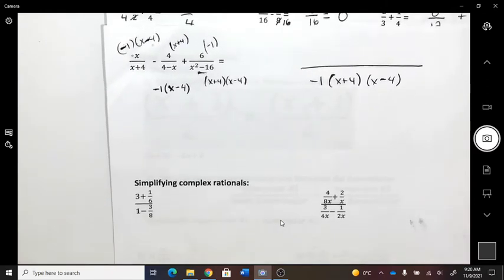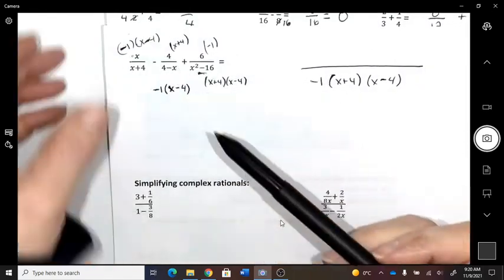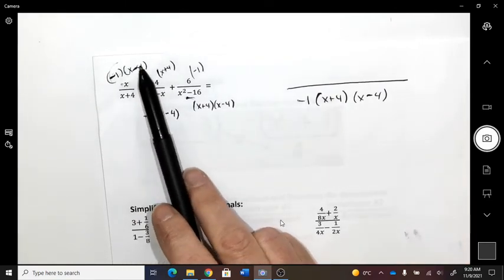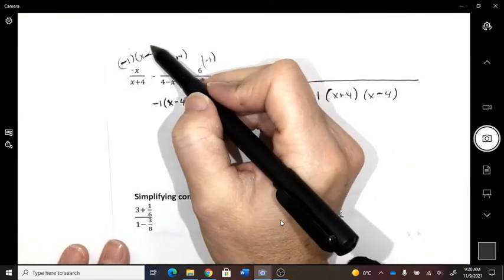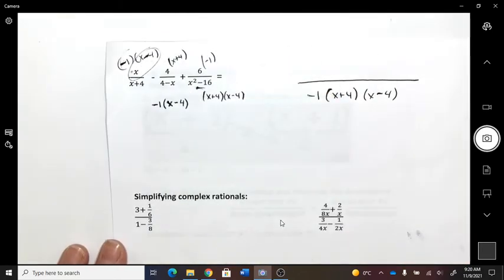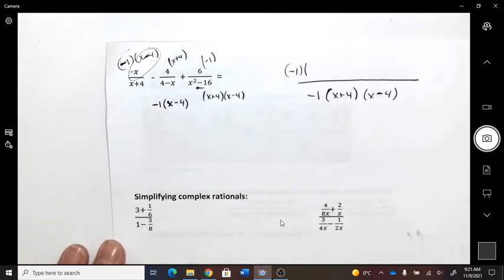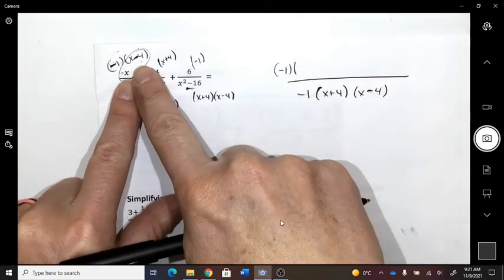Okay, when I get a situation here that I have 3 things getting multiplied, do you see it? I have 1, 2, 3 things getting multiplied. It doesn't matter the order, you just need to multiply 2 of them first and then by the third. So I'm going to multiply these 2 things together first. And then later I'm going to multiply them by negative 1. Okay, so that is going to turn into, so what do I get here?